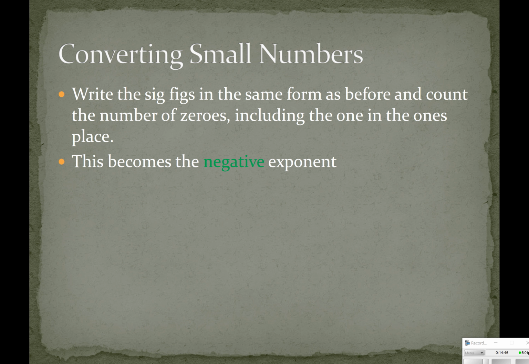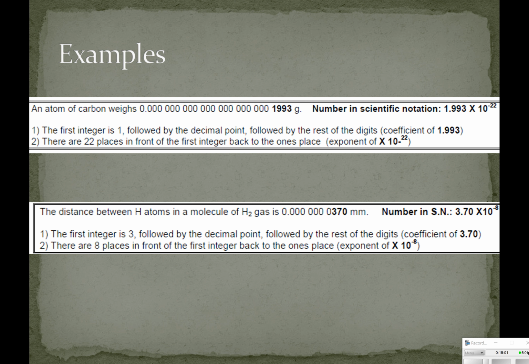Converting small numbers. So this is kind of the same idea as converting large numbers, except the amount of places that we move the decimal is going to become a negative exponent. An atom of carbon weighs a very small mass. Small enough where I don't really know what the suffix is for that amount of grams.